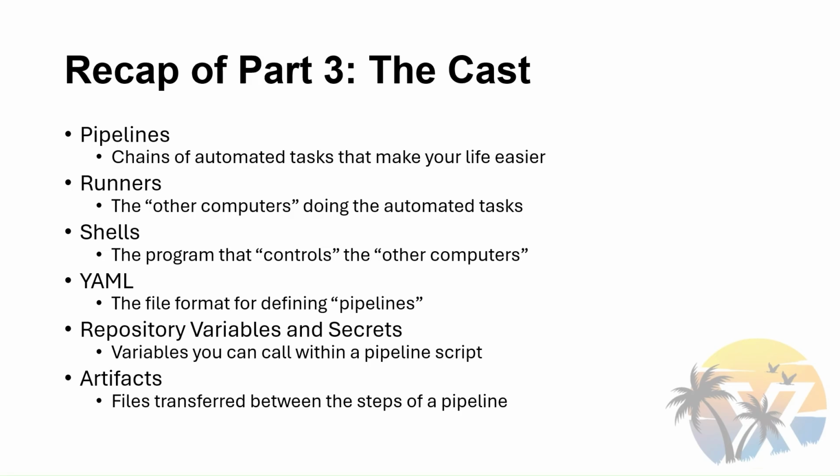Shells, the program on a computer that controls the computer. YAML, it's the file format for defining pipelines. And again, it's just the format. It's just like the spacing. It's not actually the contents. Repository variables and secrets. They are variables you can call within a YAML file, within a pipeline script. And artifacts. They are the files transferred between the steps of a pipeline.